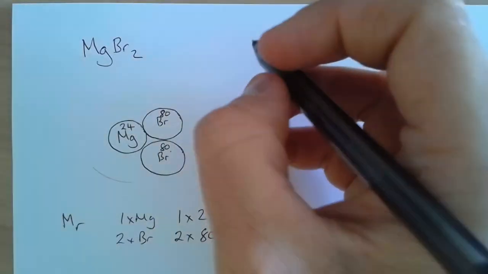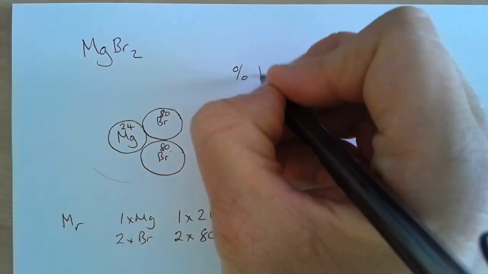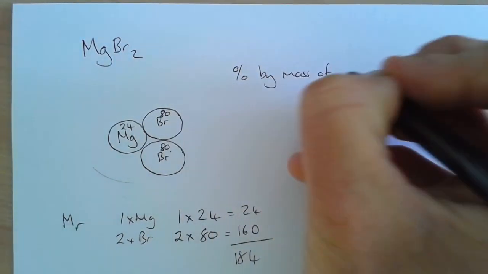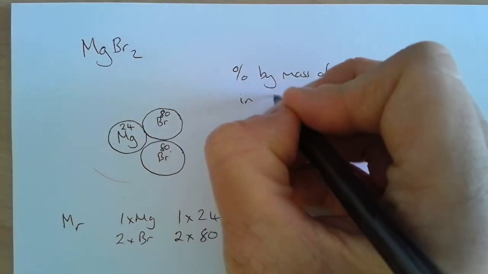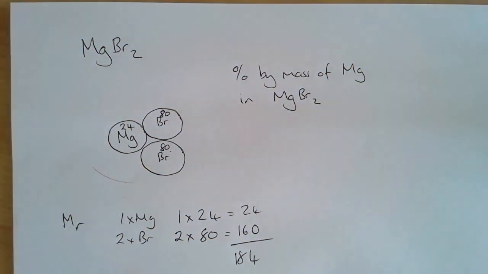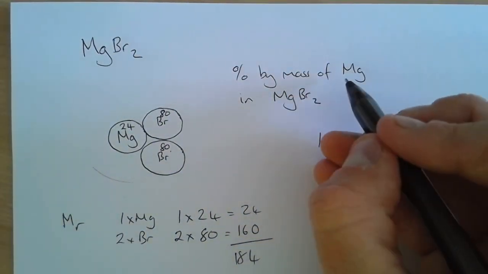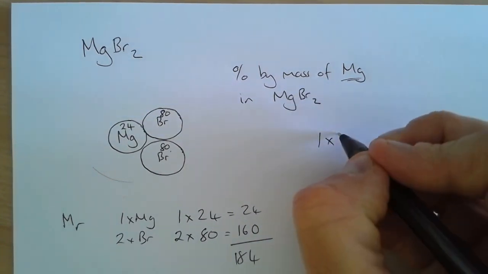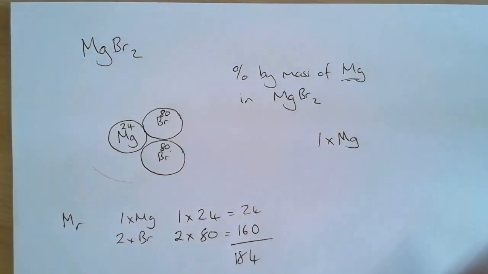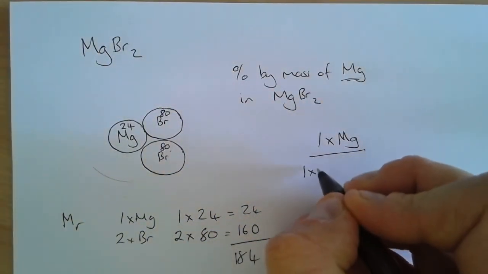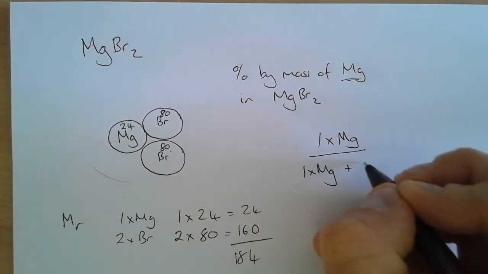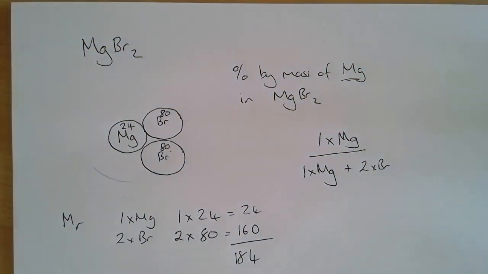So my question is, what is the percentage by mass of magnesium in magnesium bromide? So step one, which we did, was to calculate the relative formula mass. So I need to know that I'm trying to find the percentage of magnesium. There's one magnesium ion per formula unit. So 1 times magnesium divided by the Mr that we calculated, which is 1 times magnesium and 2 times bromide ions.